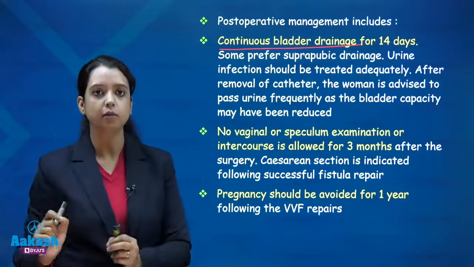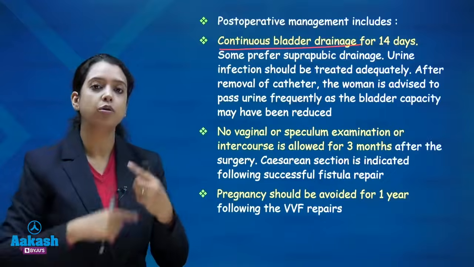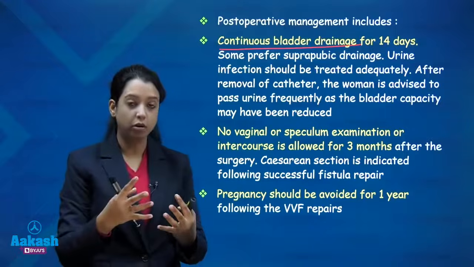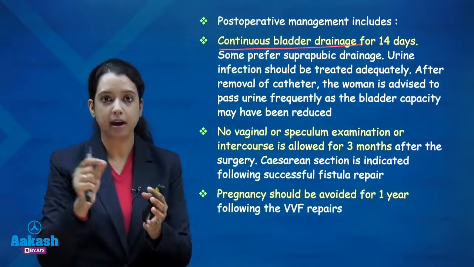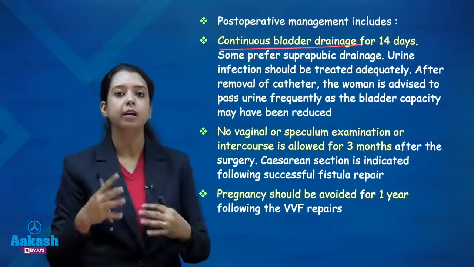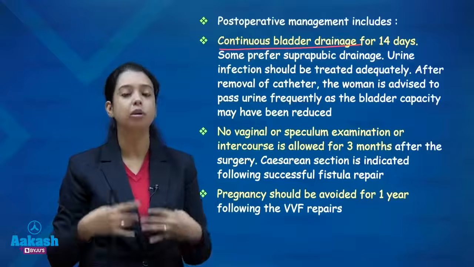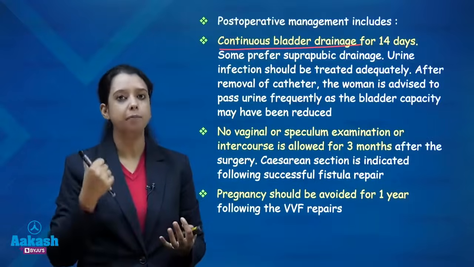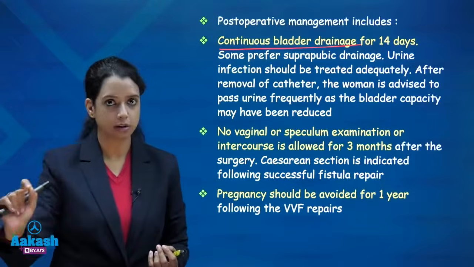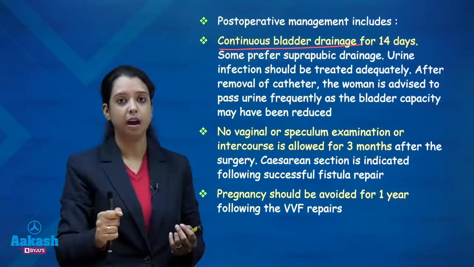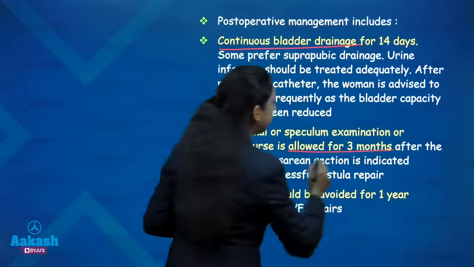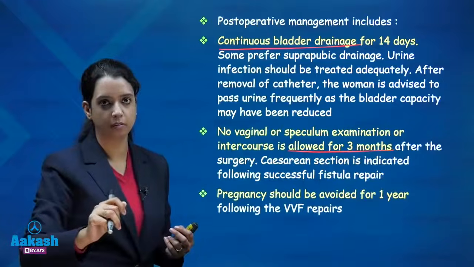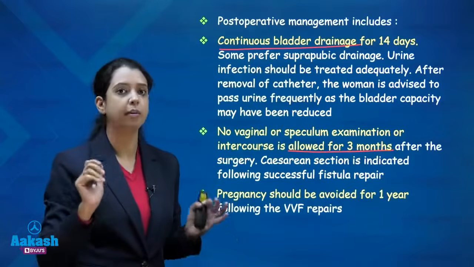Once the catheter is removed, you will ask the patient to urinate very repeatedly because you do not want the bladder to distend and the fistula repair to open up. So continuous repeated urination you will advise, you will give antibiotics and abstinence. There should be no sexual intercourse, no per speculum examination or PV examination till 3 months. Till 3 months you will not introduce speculum, you will not advise intercourse to that patient.